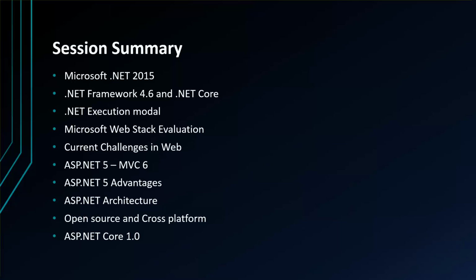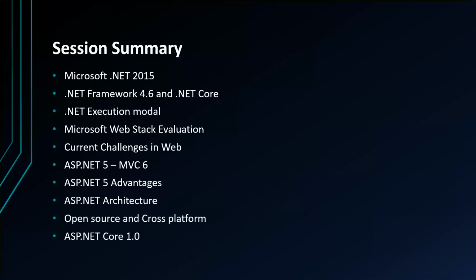In summary, in this session we have discussed Microsoft .NET 2015, .NET Framework 4.6 and .NET Core 1.0, the execution model, and the Microsoft web stack evolution from 1996 to 2016.